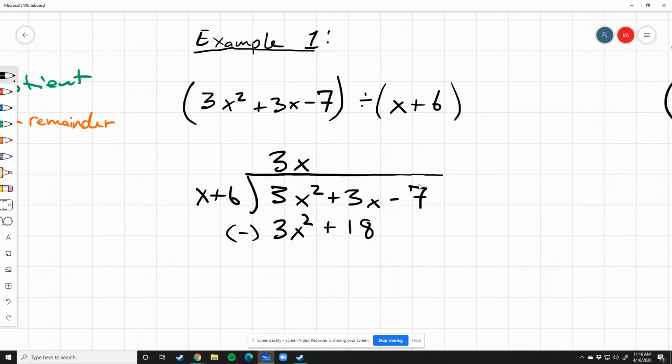We will then subtract this whole line. So 3x squared minus 3x squared gives us 0, which I'm not going to write. And then 3x minus 18x, I forgot an x here, is going to give us minus 15x.